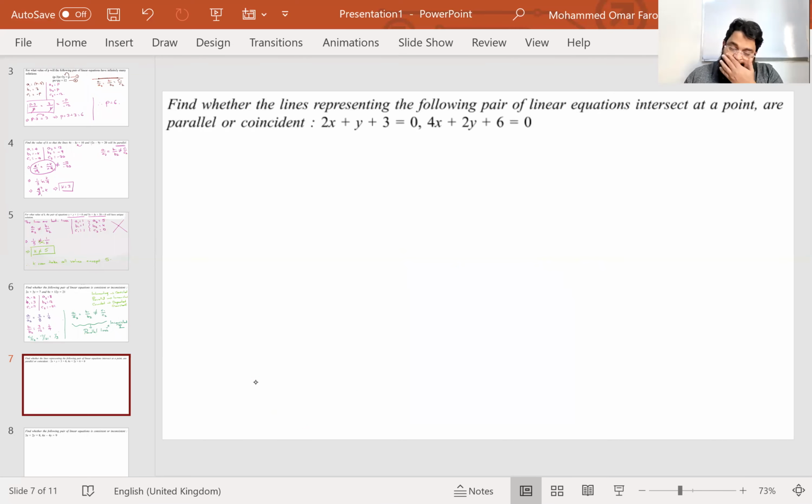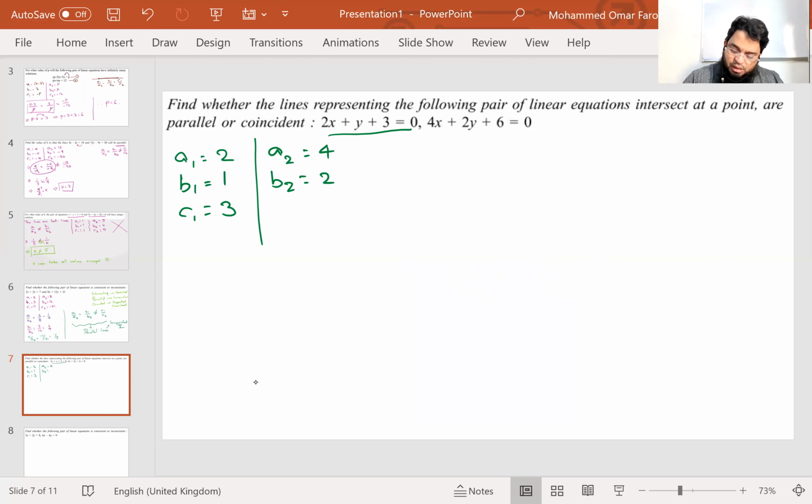Find whether the lines representing the following pair of linear equations intersect at one point, that means intersecting lines, or parallel lines or coincident lines. Let us see the same thing. Let us find out a1 here, 2, b1 equals 1, c1 equals 3. And let us go for the next one. a2 equals 4, b2 equals 2, and c2 equals 6.